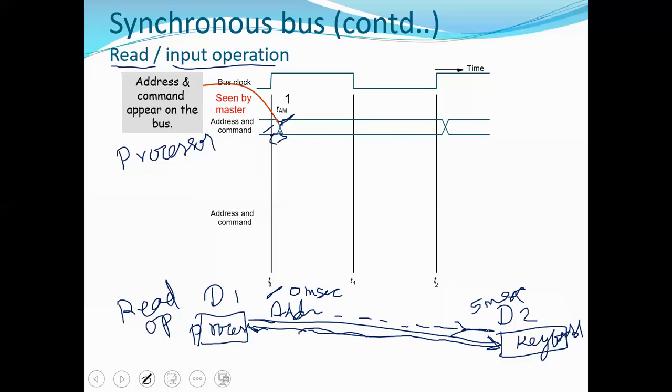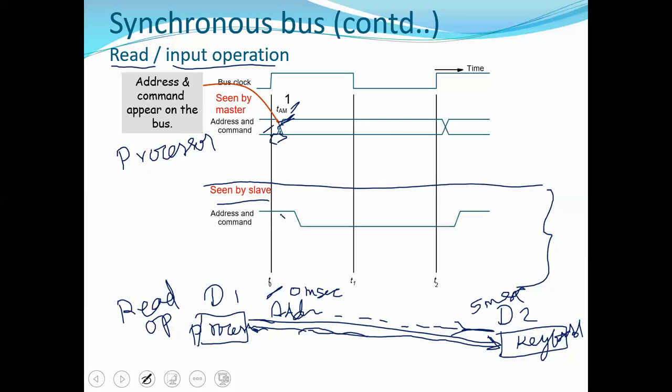Fine. So in the first operation, what has happened is at time TAM, the master has put the address to the address bus and control signals to the control bus. It is seen by the slave. Here there will be another address and control signal as seen by the slave.